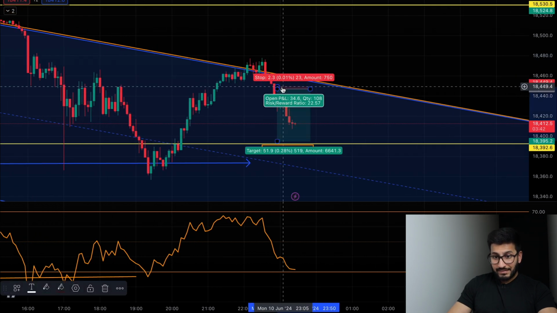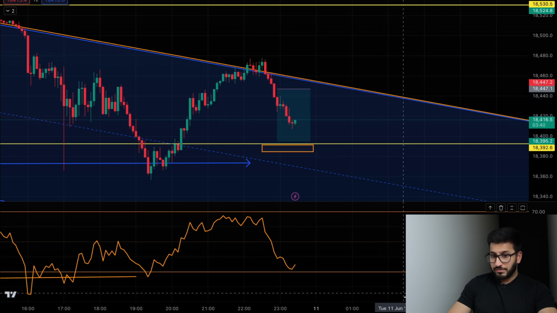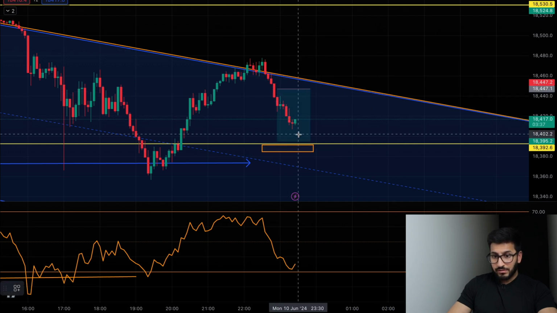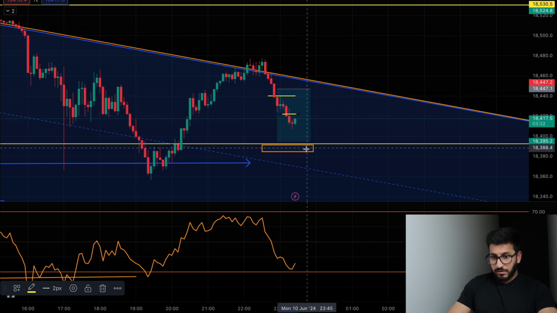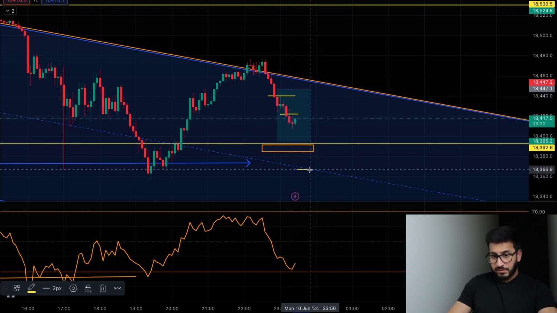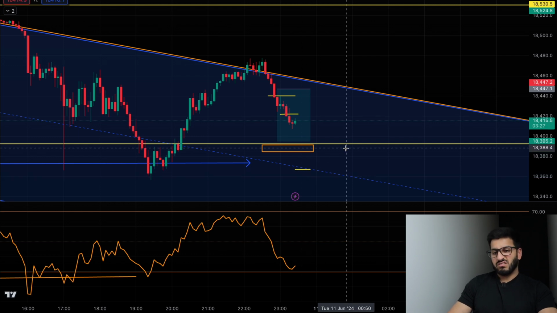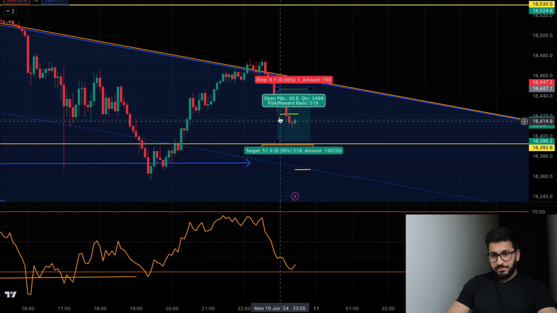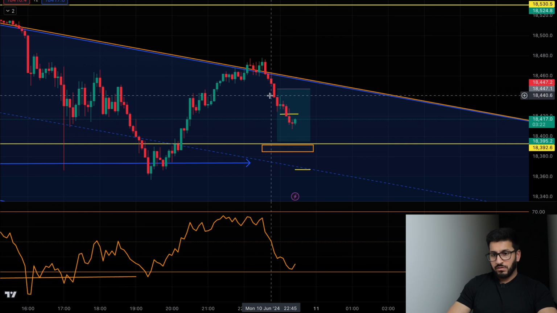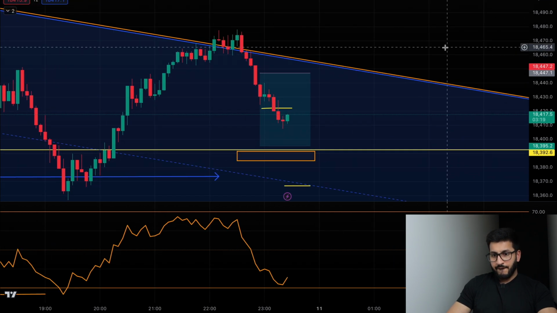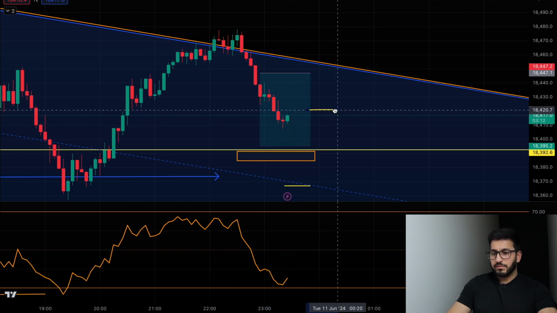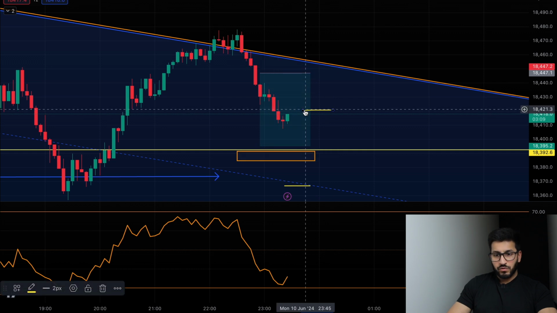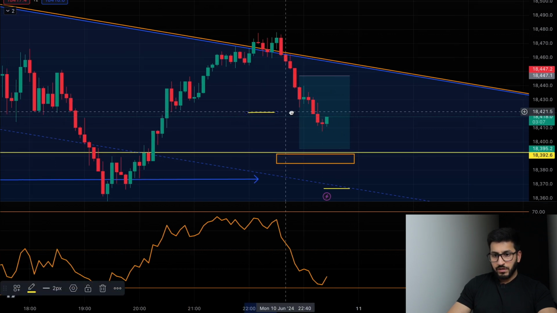Actually, I move my stop loss to 0 because I'm going to show you that this is where I will cut this trade, if this candle closes above the price, 18,420 or 18,425, whatever.